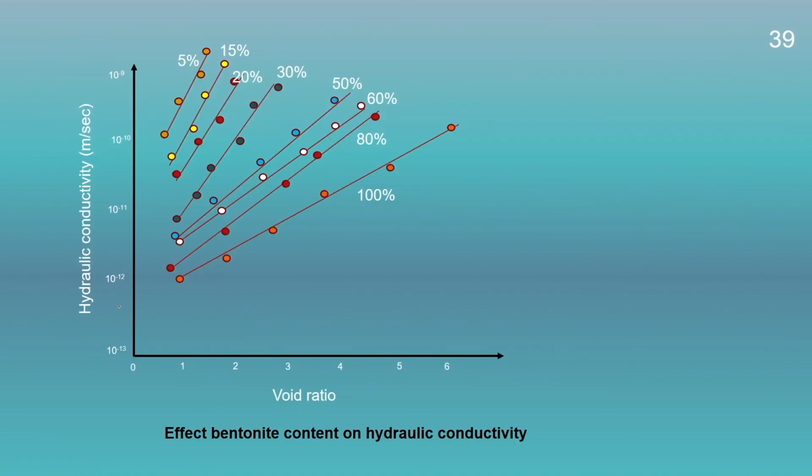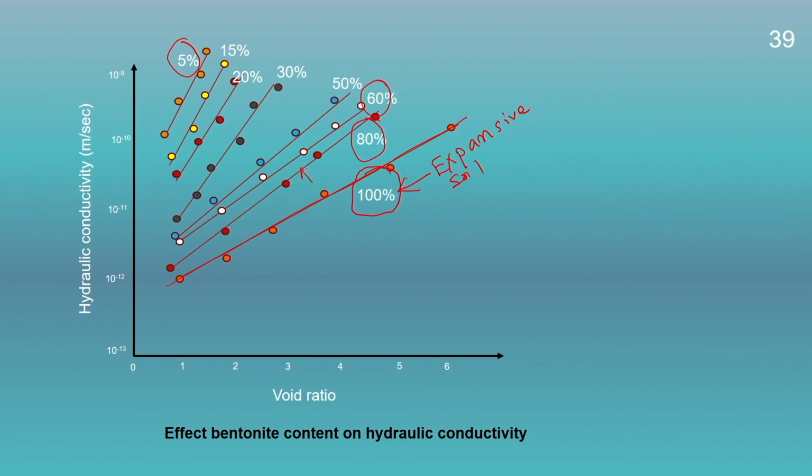Here the graph has been plotted between the hydraulic conductivity and void ratio for the expansive soil mixture with different content of expansive soil. This is the 100% expansive soil, that is maybe 100% of montmorillonite, and this is the 5% of montmorillonite. Here we can see a very low value of hydraulic conductivity for an expansive soil.